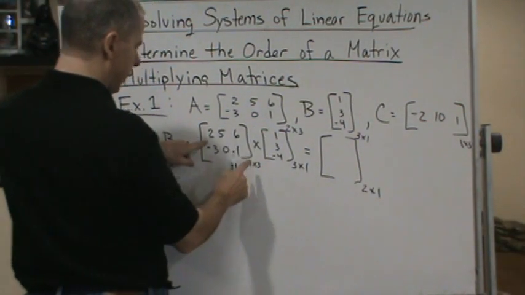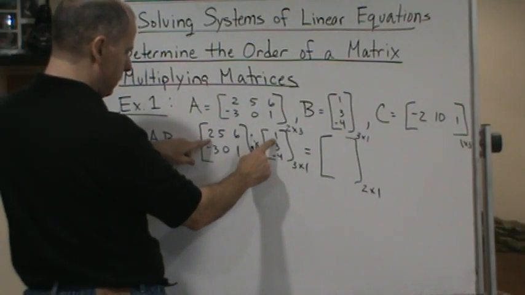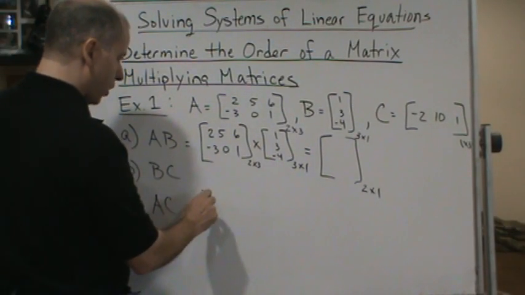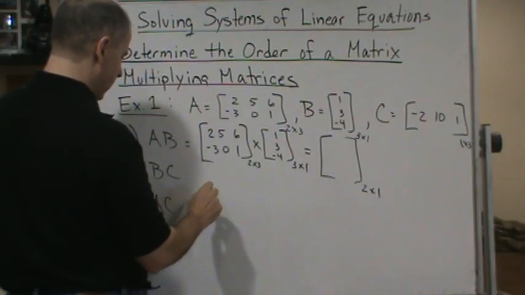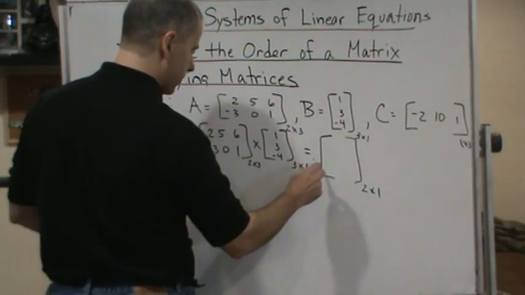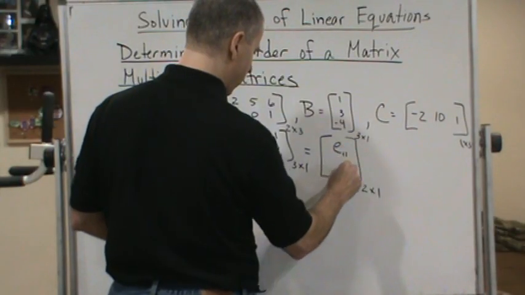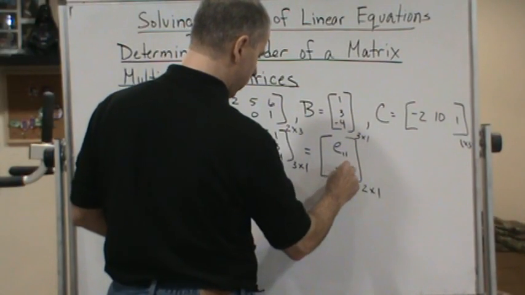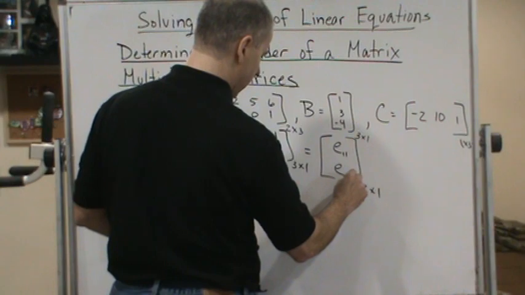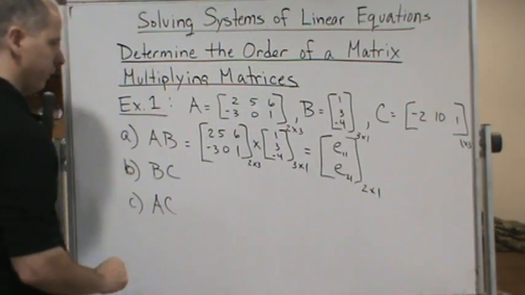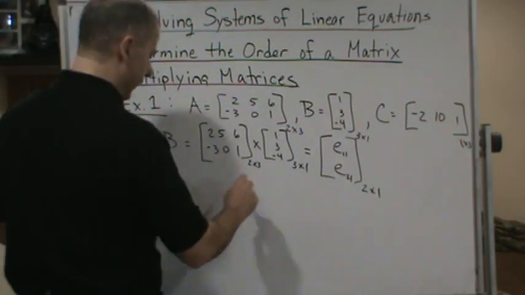So we're going to cycle through. We're going to multiply these two together, right? So this matrix, let's call it E11, element 11, and we'll call this E21, right?